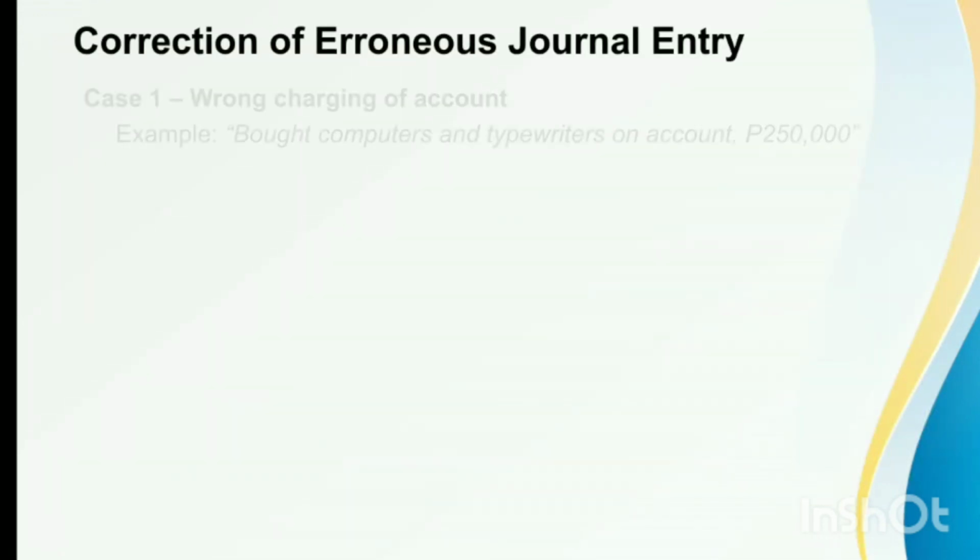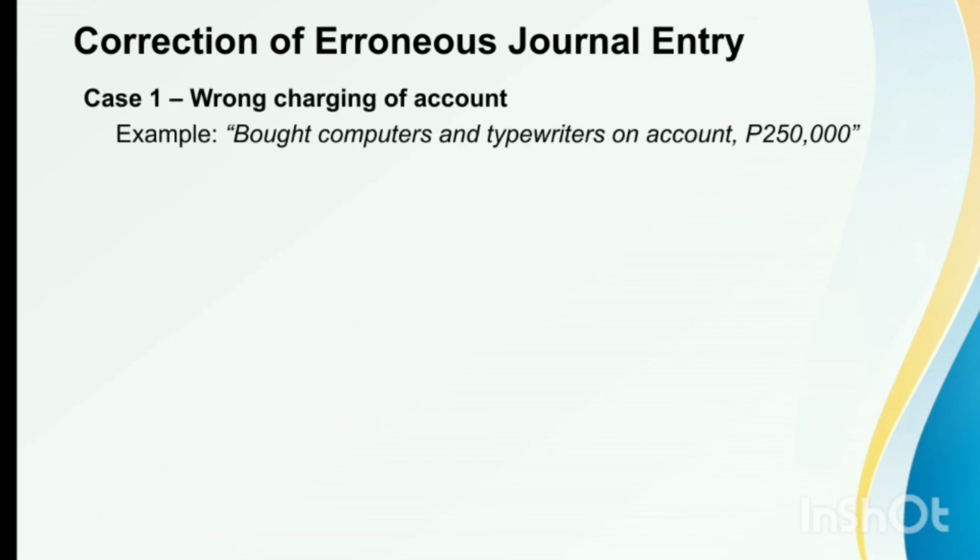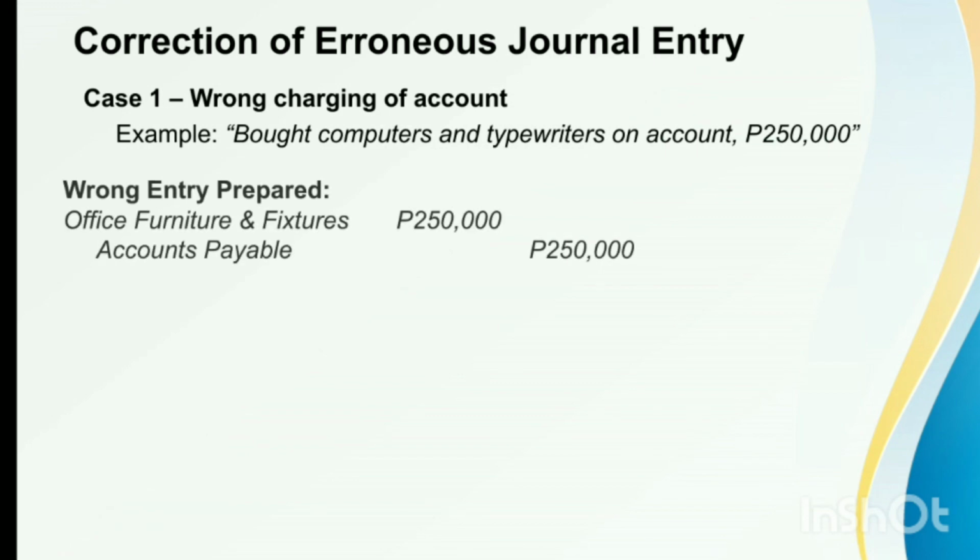We will now move on to another type of adjusting entry, and this is all about correction of erroneous journal entry. So we have here case number 1, wrong charging of account. For example, we bought computers and typewriters on account for 250,000. So this transaction is recorded as follows.